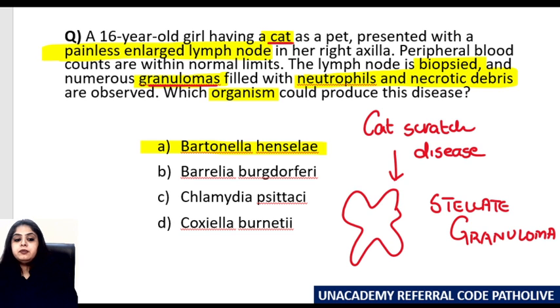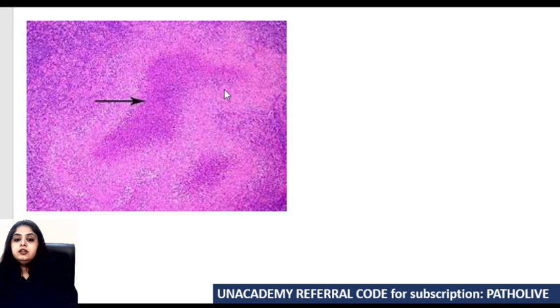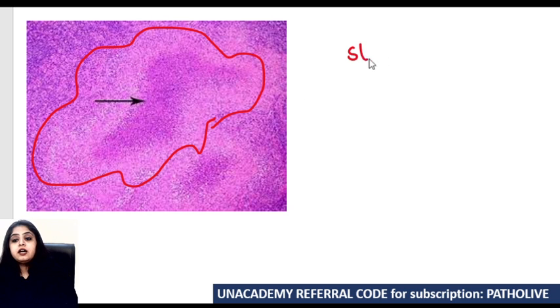We'll have a look at an image of the stellate granuloma, so you can see the shape of it. It's not round or well-defined. It's got major projections. That's why they call it a star shape or a stellate granuloma. And is it specific for cat scratch disease?